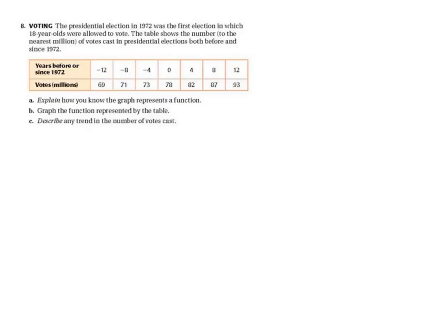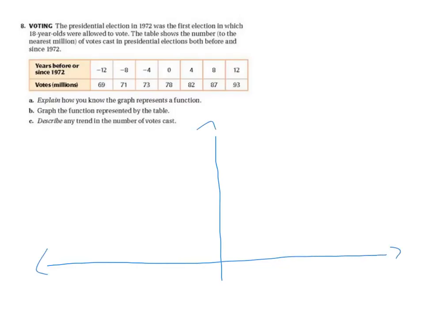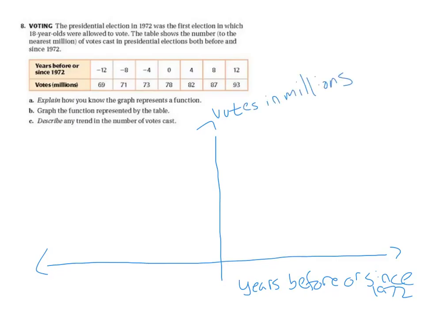So if we go to graph that, this is years before or since 1972, and this is the votes in millions. Label our graphs. So then -4, -8, -12, 4, 8, 12, and just label.